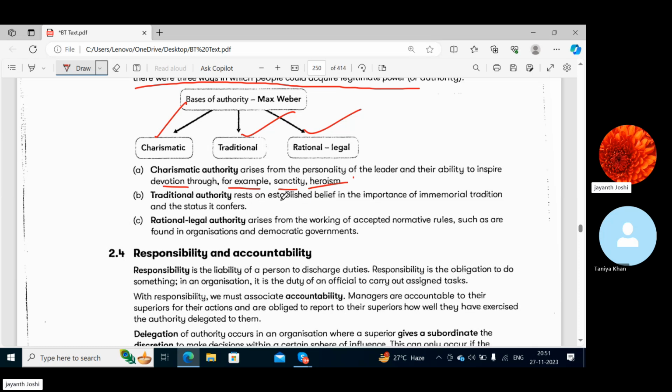Traditional authority rests on established belief in the importance of immemorial tradition and the status it confers. Rational-legal authority arises from the working of accepted normative rules, such as are found in organizations and democratic governments.